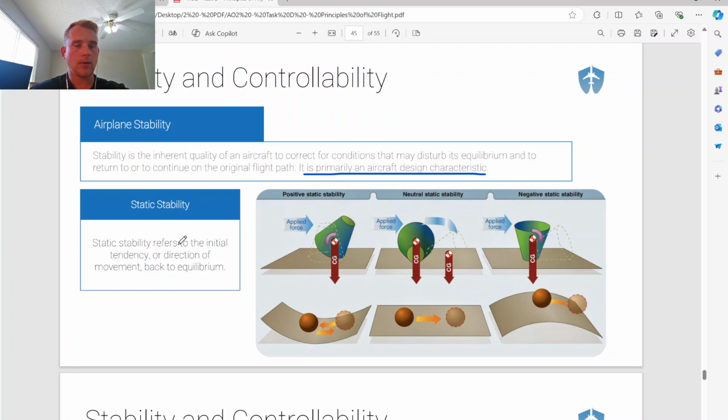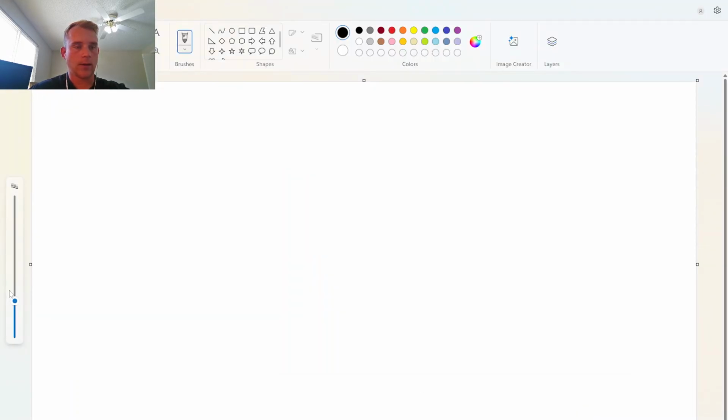So static stability refers to the initial tendency or direction of movement back to equilibrium. Let's go ahead and start with positive static stability. So you guys know I like Microsoft Paint here, so positive static stability is going to look like this.